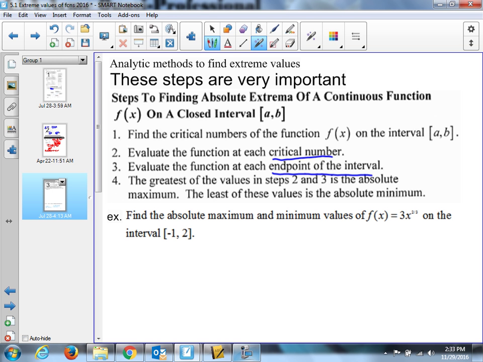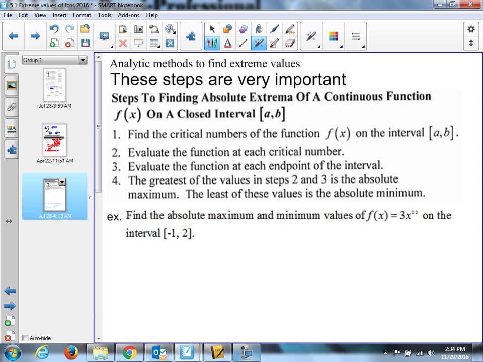And then the greatest of those values from steps 2 and 3 is the absolute maximum, the least, the absolute minimum. Now I want to just see, going back to the picture, if we understand this, and then we'll do this for a particular one. Find the critical numbers of the function on the interval a to b, evaluate the critical numbers and the endpoints.